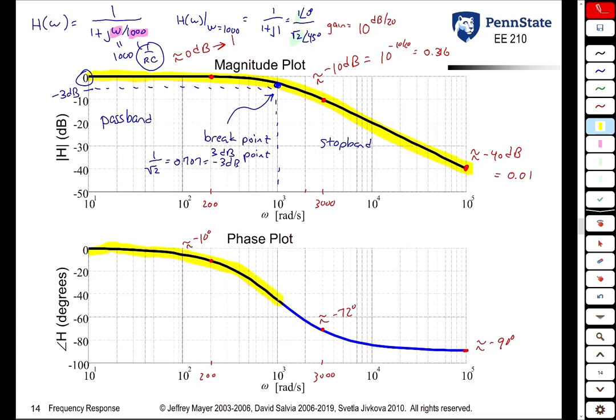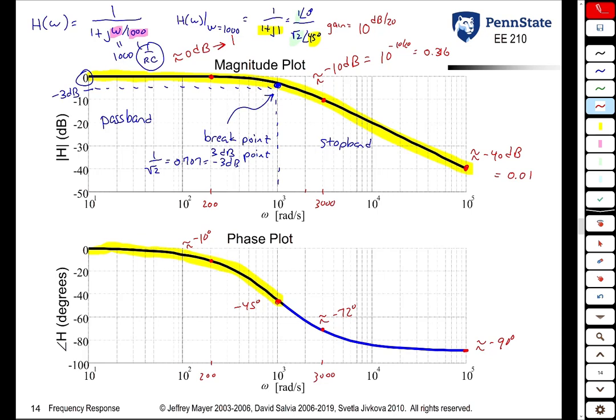As we start increasing the frequency, however, the angle of the denominator becomes larger and larger. So when it's subtracted from 0, we get a larger negative number. In fact, at the break frequency, we get a denominator angle of 45 degrees. And so we see that at the break frequency, the phase is negative 45 degrees.